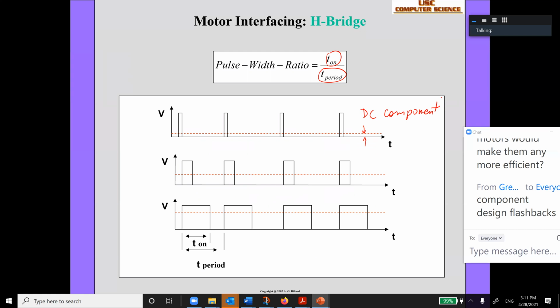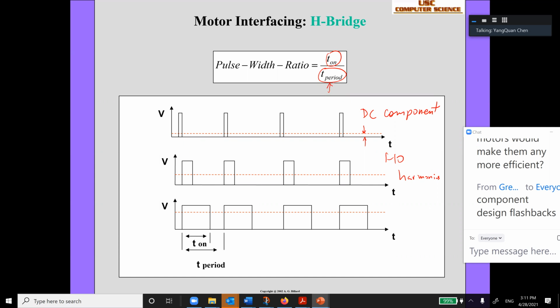Okay, so to do that, you may wonder what are those high order harmonics? Those could be filtered out or just produce noise versus heat, so it's not that efficient. That depends on the period.